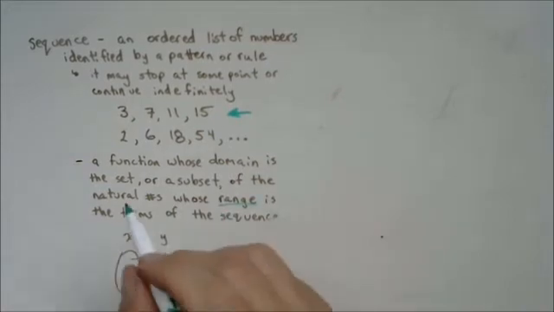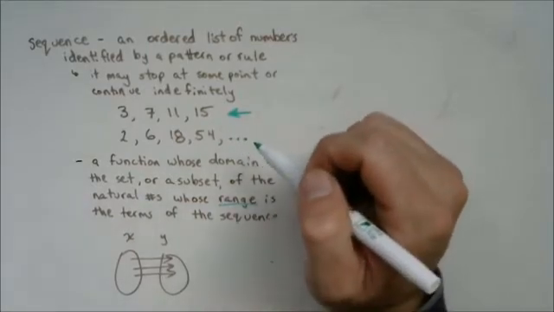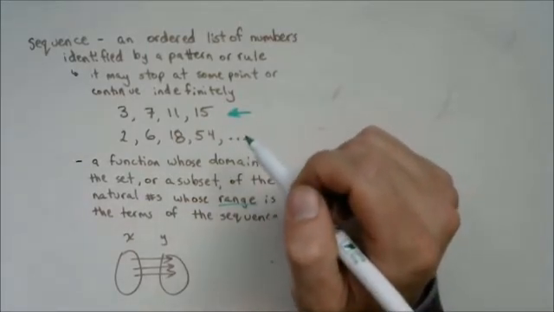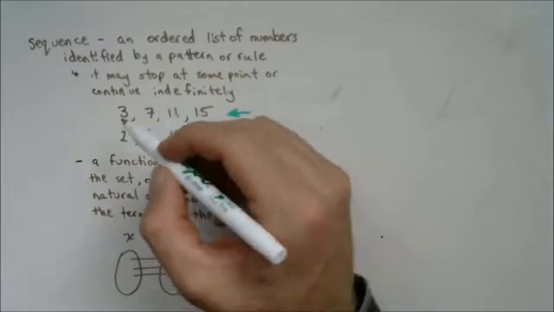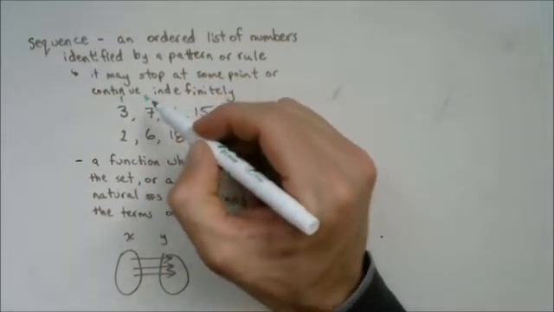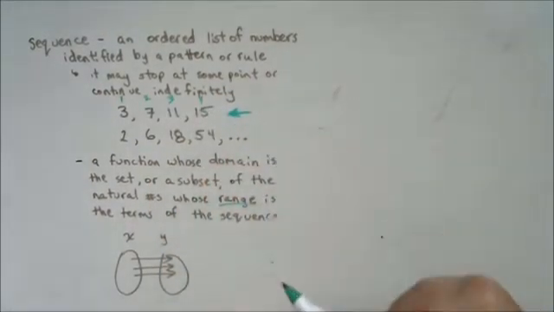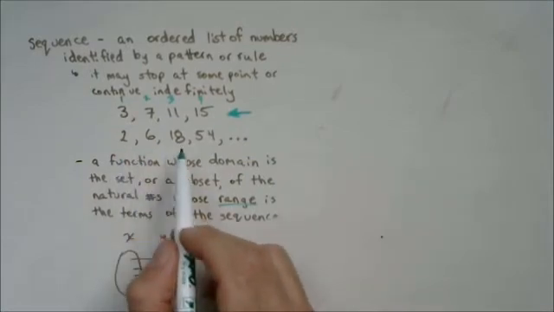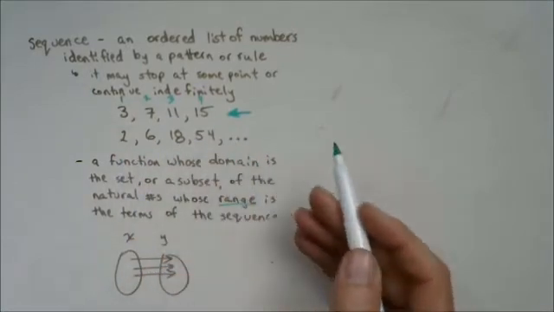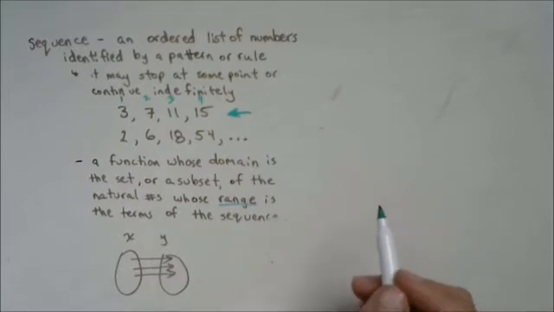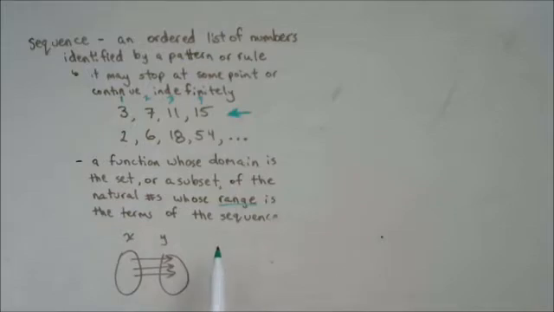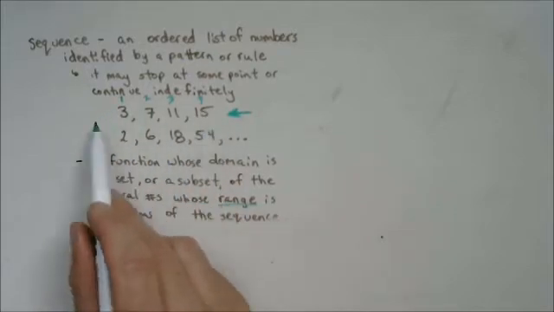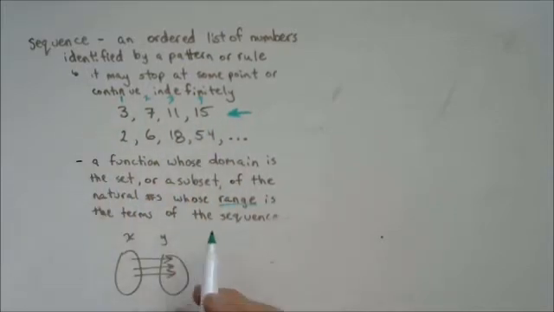Well, the domain is the term number, okay? So each of these is called a term. You have term 1, term 2, term 3, and term 4. In this one, you would have term 1, 2, 3, 4, 5, 6, and onward, okay? So the domain is the term number. The range is the set of values that are actually making up the sequence, all right?